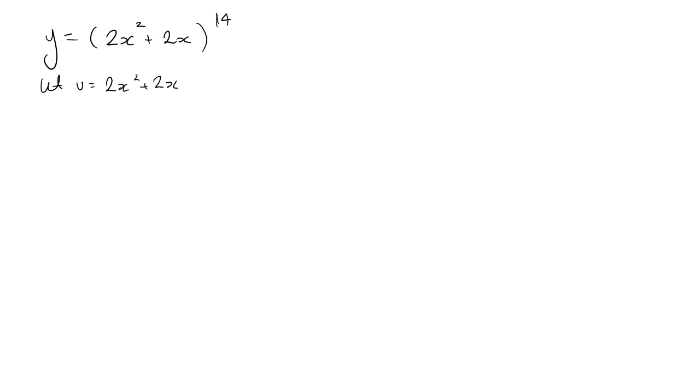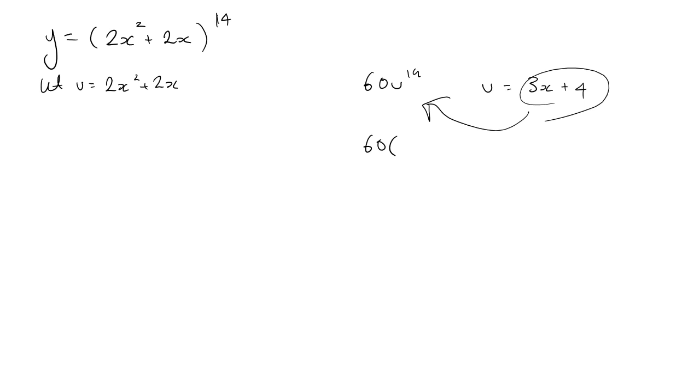Oh wait, in our previous example we had 60u to the 19, and u was 3x plus 4. You need to substitute this 3x plus 4 back into the function. So we get 60(3x plus 4) to the power of 19, and that would be the derivative of the original function. Don't forget to resubstitute u into your final derivative. Okay, that's really important.